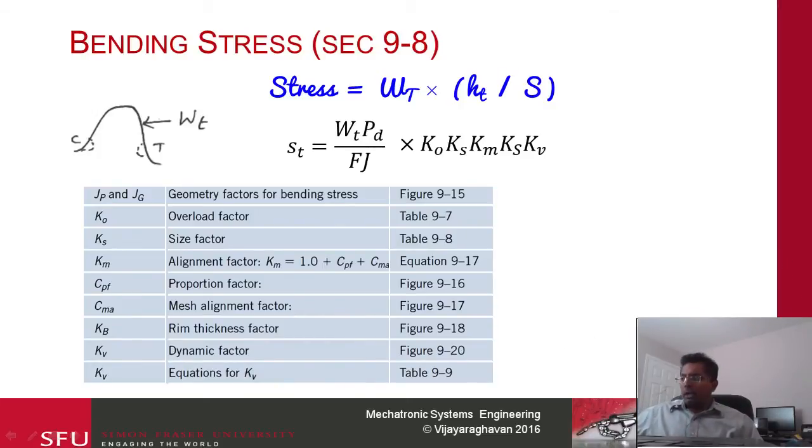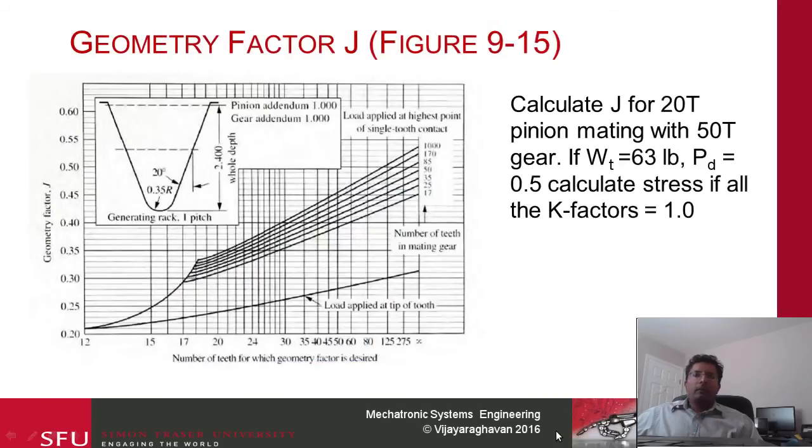So let's look at how we can use some example values. This is figure 9-15. We're going to calculate the J for a 20 teeth pinion mating with a 50 teeth gear. Continuing from before, given that a 63 pound load is applied and Pd is 0.5, calculate the stress if all the K factors are 1.